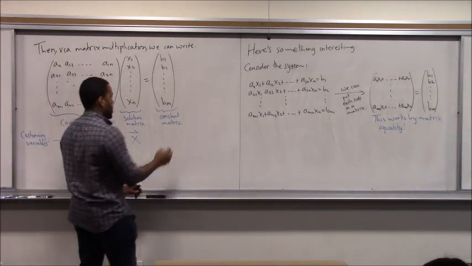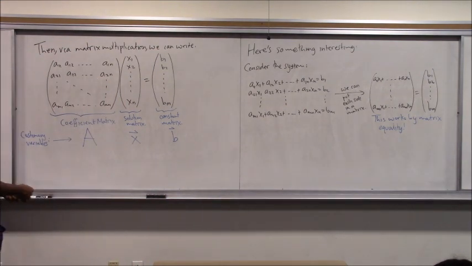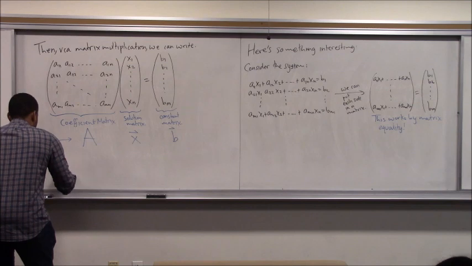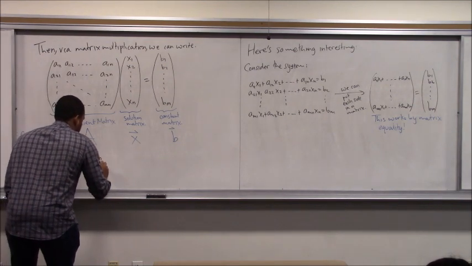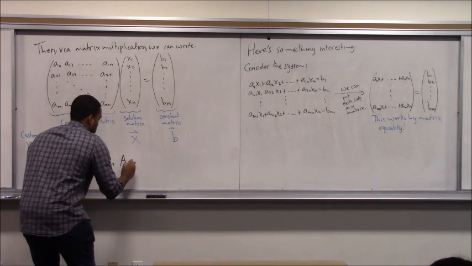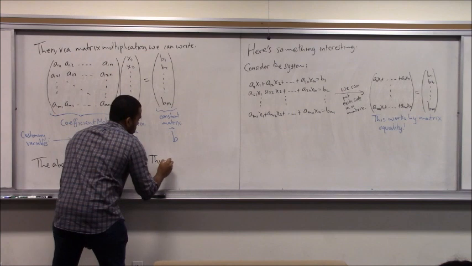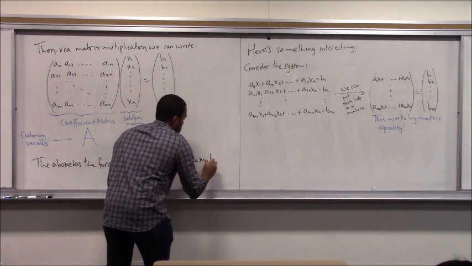And you'll tend to call this guy B with a little arrow over it. So the above has the form AX equals B. This is called a matrix equation.